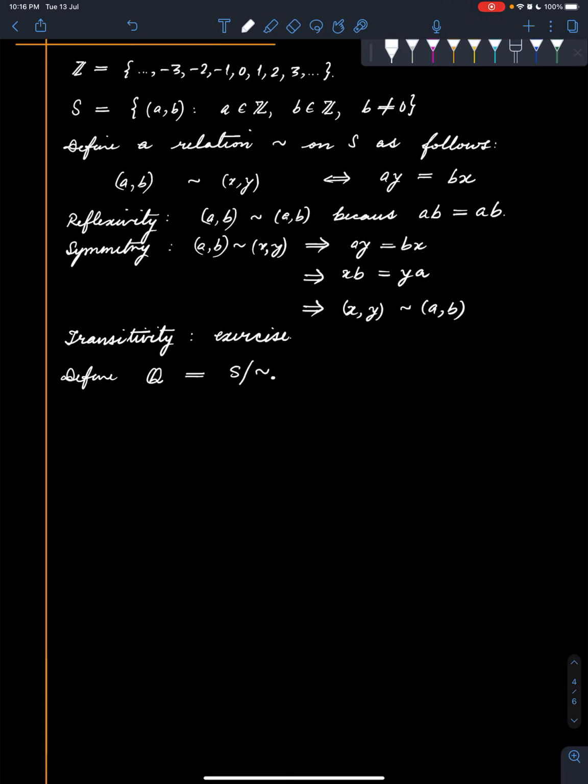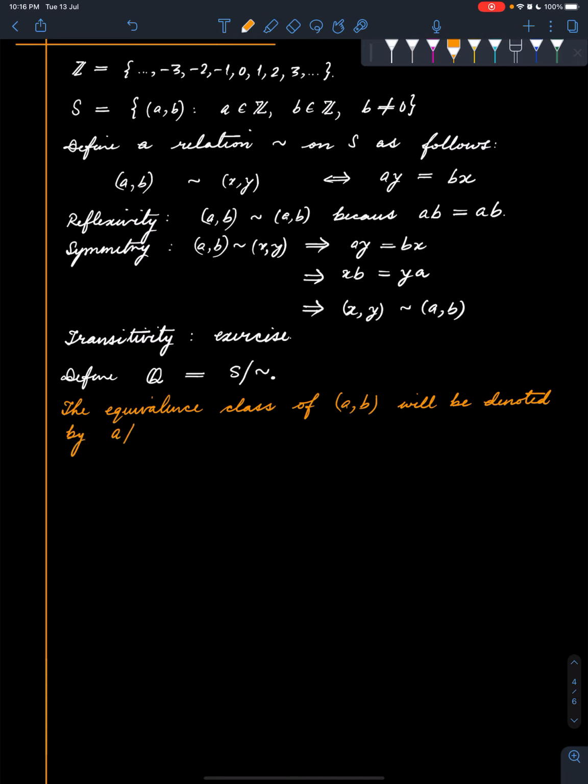So first a bit of notation. The equivalence class of (a, b) will be denoted by a slash b or a over b, and we see where this is going.